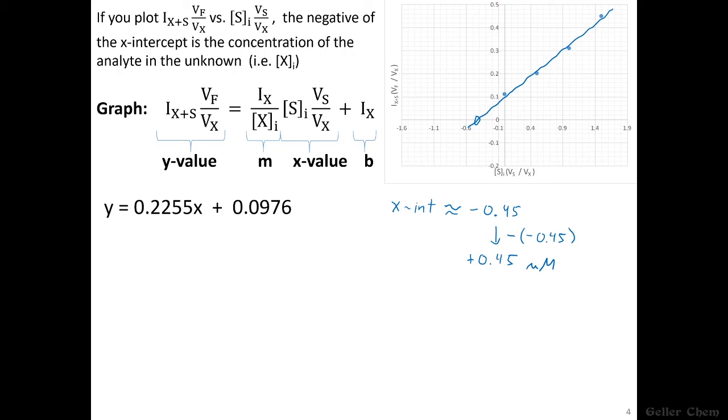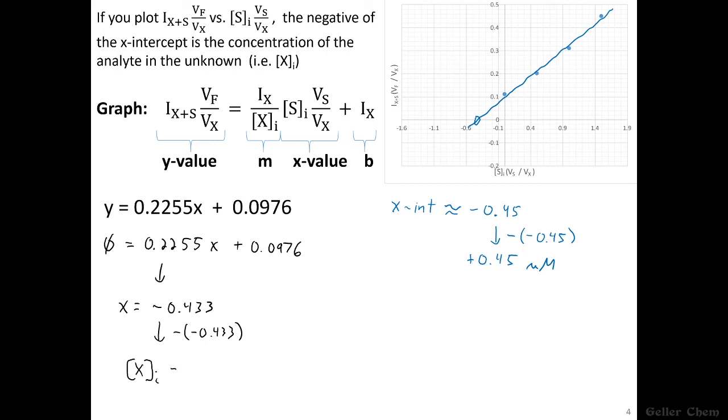And here's what you would do. Plug in 0 for y, and then we're just going to solve for that x value there, which is just simple algebra, and if we do it correctly, we will get x is equal to negative 0.433, which again, we just take the negative of that value to get concentration of the unknown is equal to positive 0.433 micromolar.